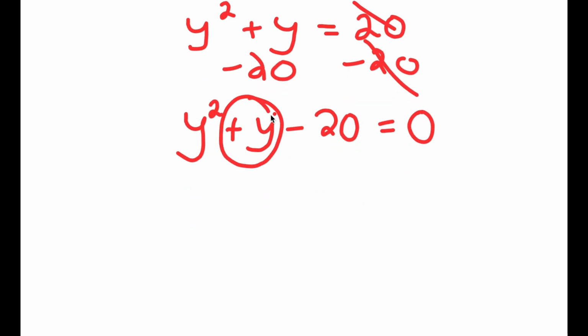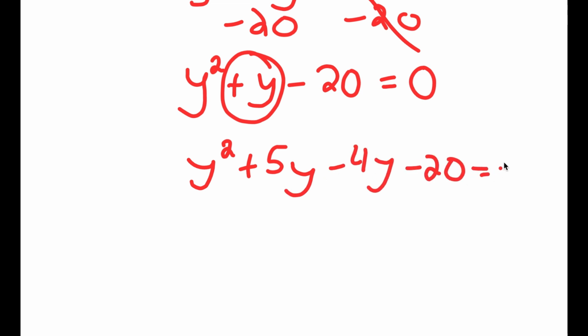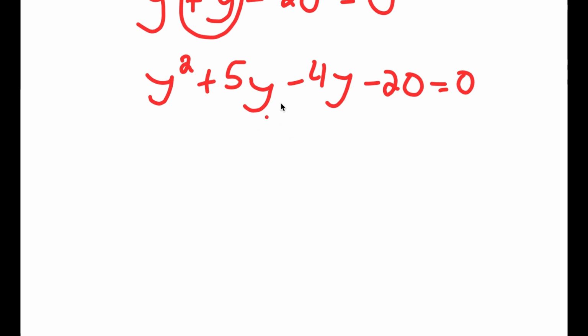Now, y over here, I can rewrite this as 5y minus 4y. And now, the reason I did this is because I can factor by grouping. So for y squared plus 5y, I'm going to factor out y. So now I have y times y plus 5.